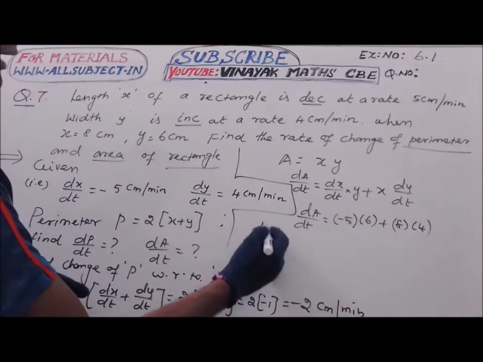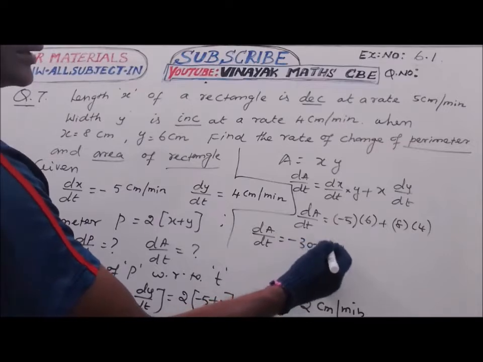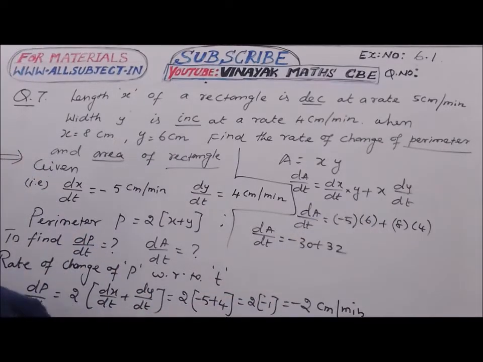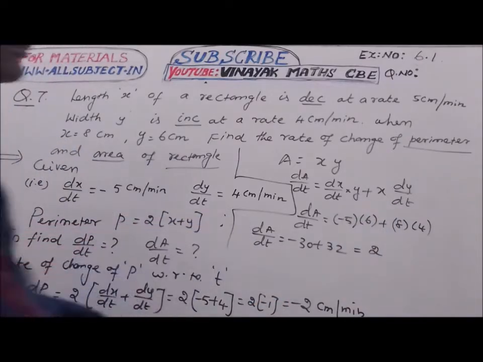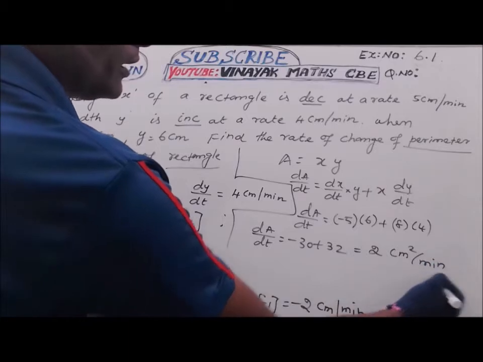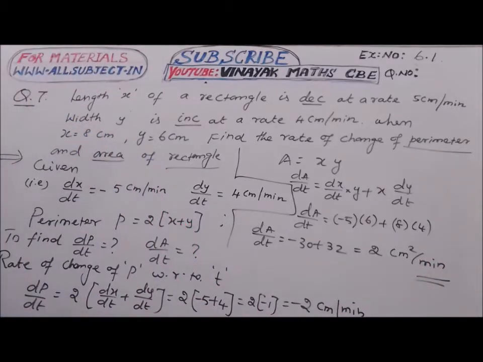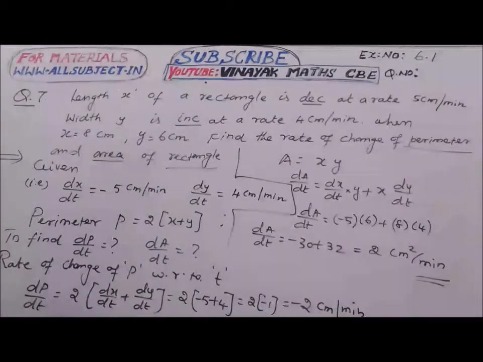Simplify it, we have dA by dt equal to minus 30 plus 32, which is equal to 2. Area means it is centimeter square per minute, square unit. So the rate of change of area is 2 centimeter square per minute, and rate of change of the perimeter is minus 2, decreasing at the rate of 2 centimeter per minute. Here area is increasing, perimeter is decreasing.